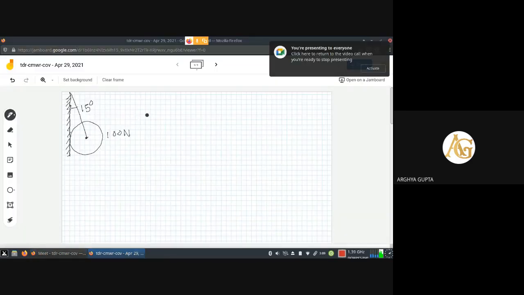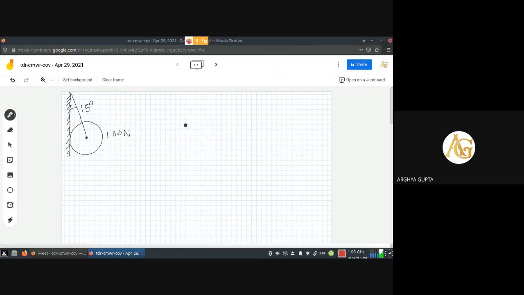So first we need to draw the free body diagram. We need to separate that thing from the support. Let us draw that ball separately. And here on the center point, this weight will work.